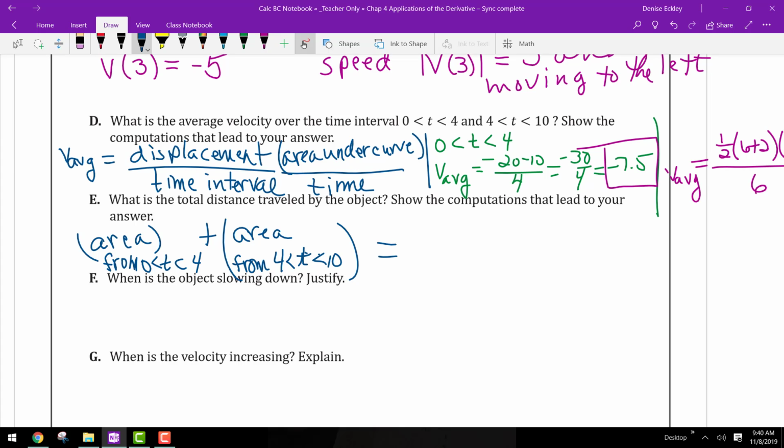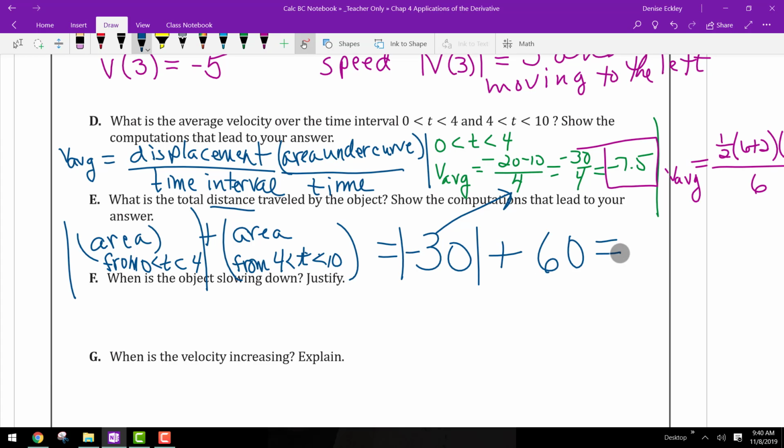And remember, this is going to be the absolute value because we want distance, not displacement. So we're going to have 30, because here's our computations, plus 60 is going to be 90 units.